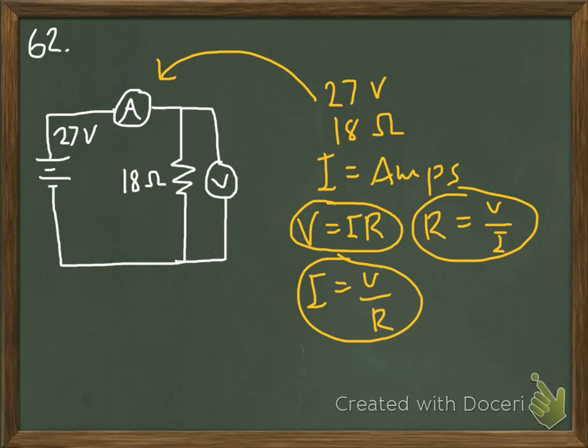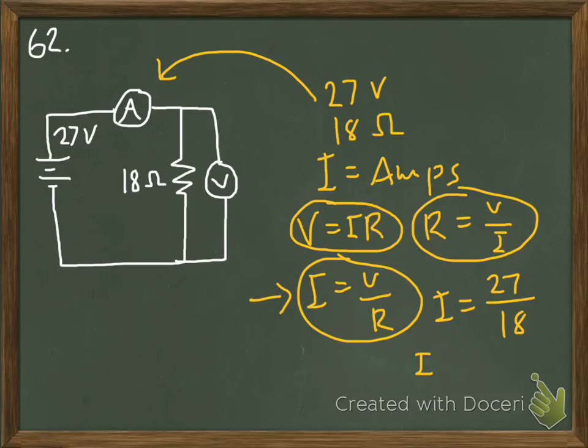So the most useful one for this question would be this one, because we want to know what I is. I is equal to V divided by R. So let's just solve that real quick. V is 27. R is 18. So you do 27 divided by 18, which would be 3 over 2. I'm sorry, not 1 2/3, 1.5.